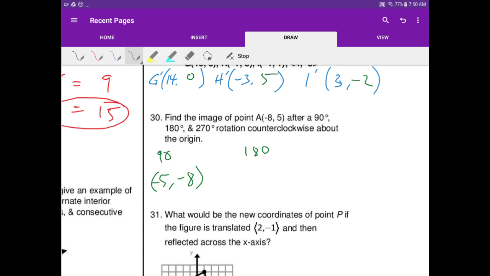Just change the signs of both of them. So positive 8 and negative 5. And then 270. You flip them and you change the sign of the x value. So flip them. This would be 5. This would be negative 8. And then the x value is, change the sign. There we go.